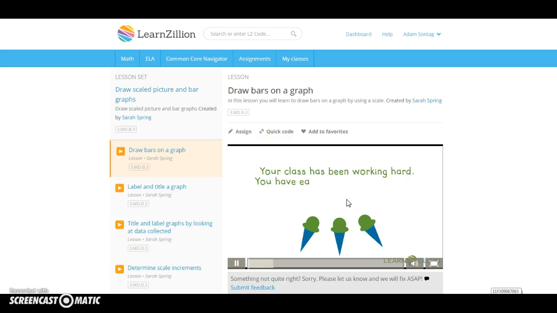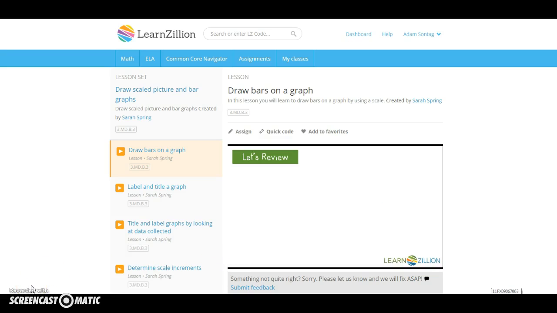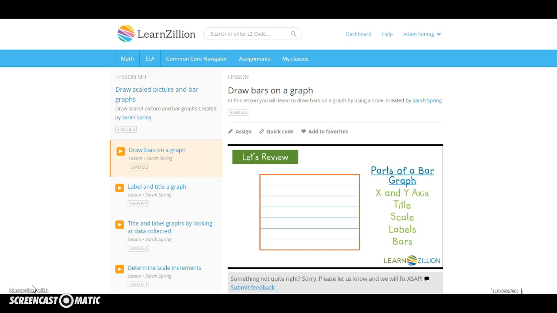Your class has been working hard. You've earned an ice cream party, but your teacher wonders what type of ice cream she should buy. In this lesson, review. Bar graphs visually represent the information that has been collected to answer a question. There are many parts to a bar graph. A vertical and horizontal line, also known as the X and Y axis.